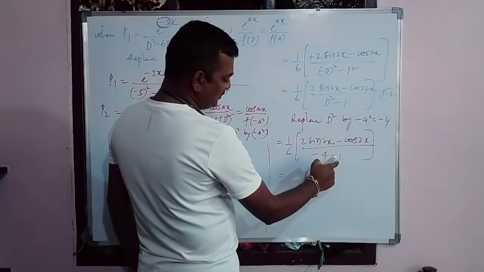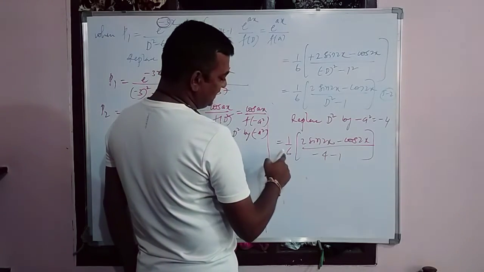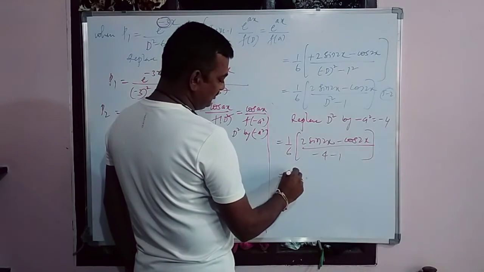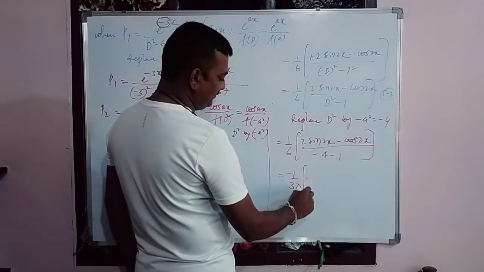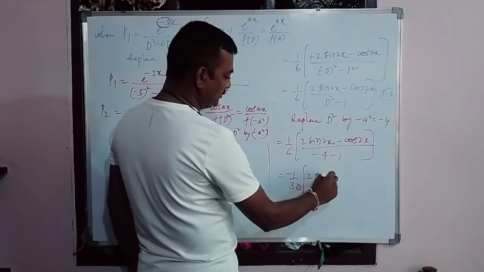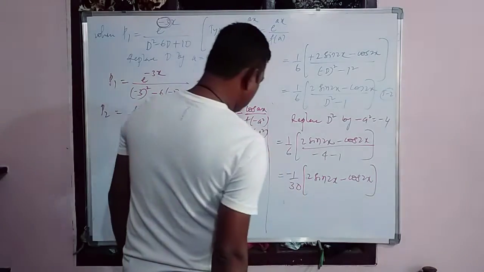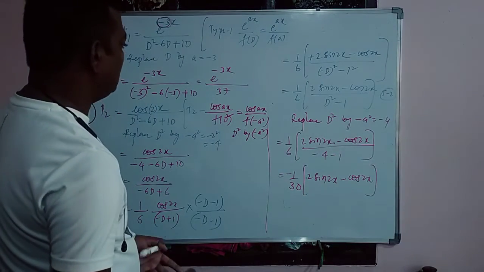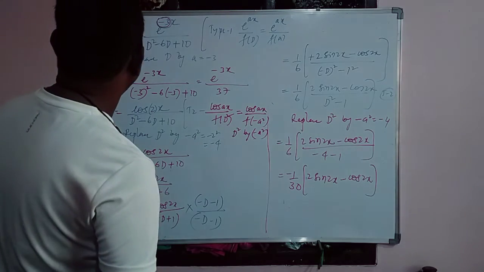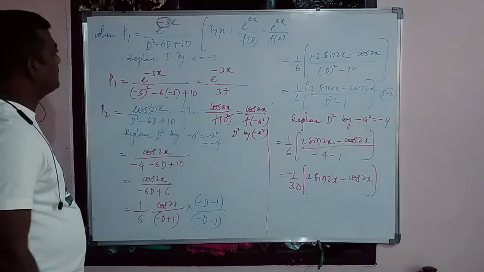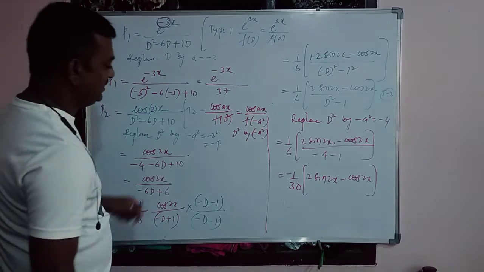Minus 4 minus 1 is minus 5. Minus 5 into 6 is minus 30. So minus 1 by 30 times 2 sin 2x minus cos 2x. So we have found the particular integrals for the right side, that is cos 2x as well as e raised to minus 3x.